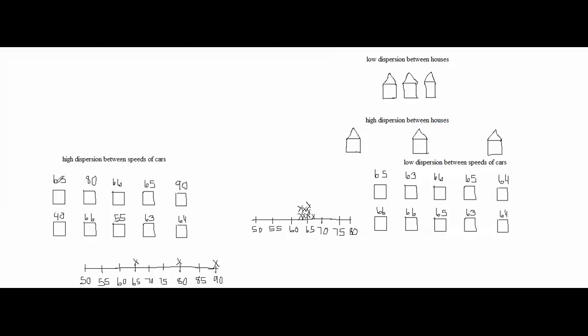So we have 65, 80, 65, 80, 90, 66 would be right here. We have two 65s. 40 would be way out here. So the fact that we have to extend the number line shows that our spread is going up.